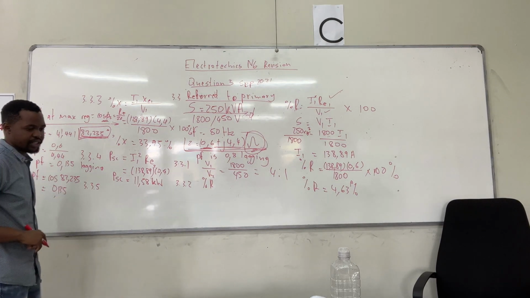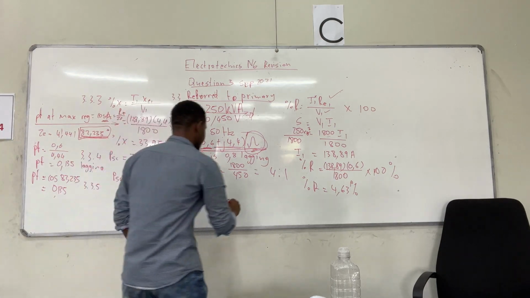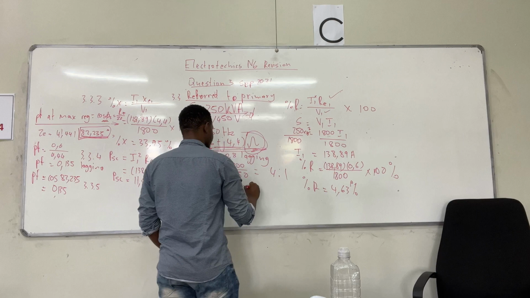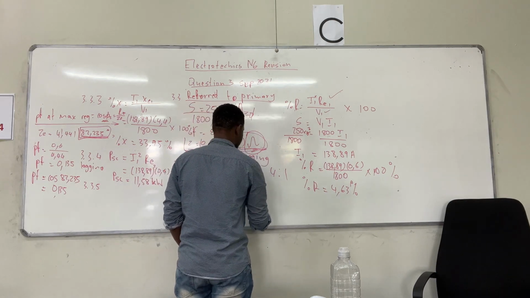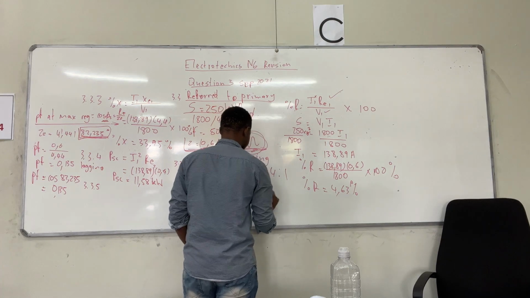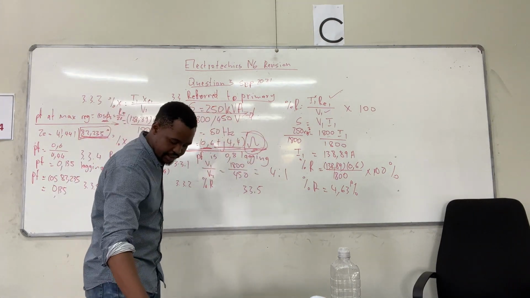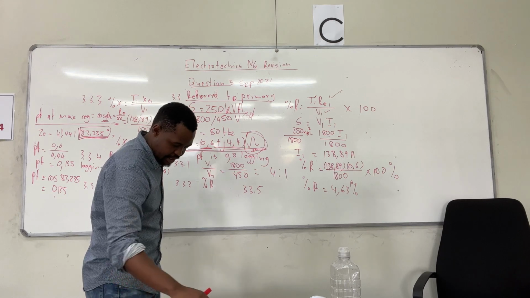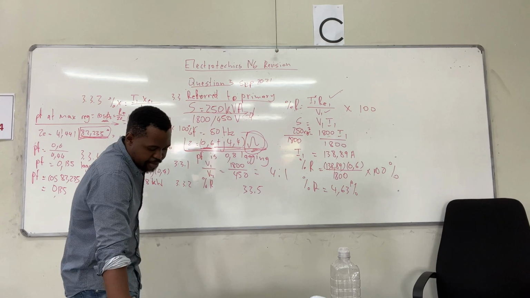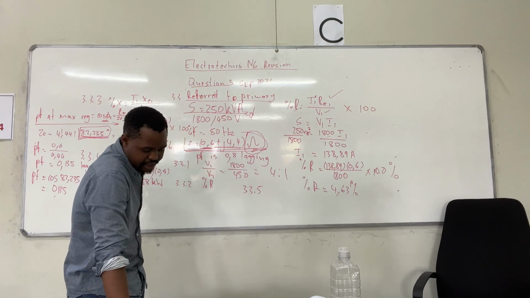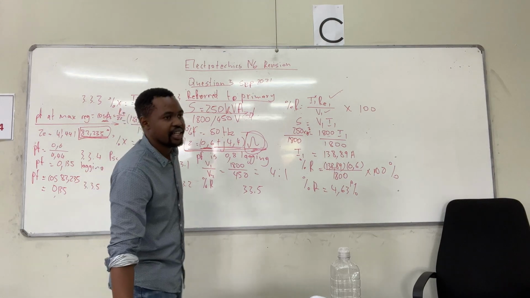Then the last question, 3.3.4. They want the applied voltage to the primary to circulate full load current in the secondary.